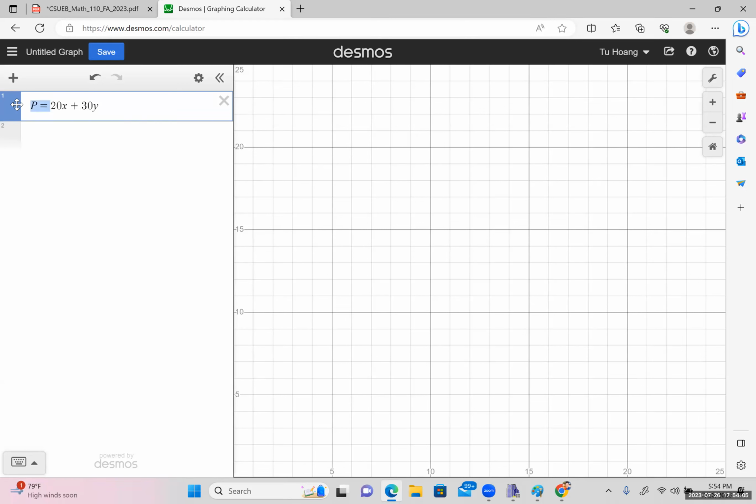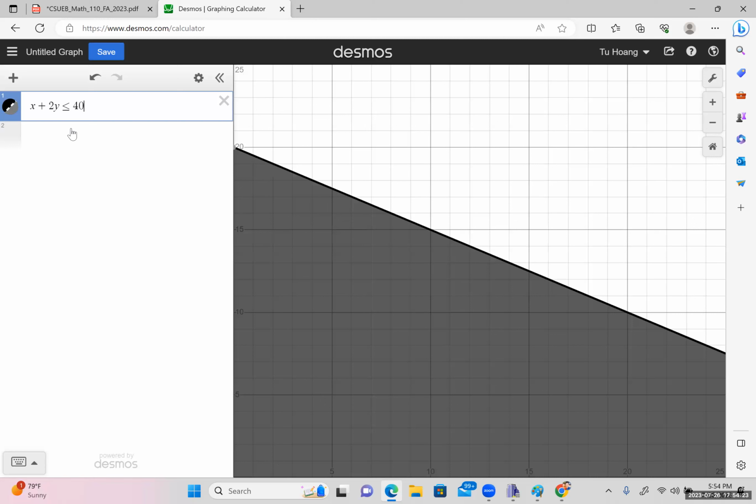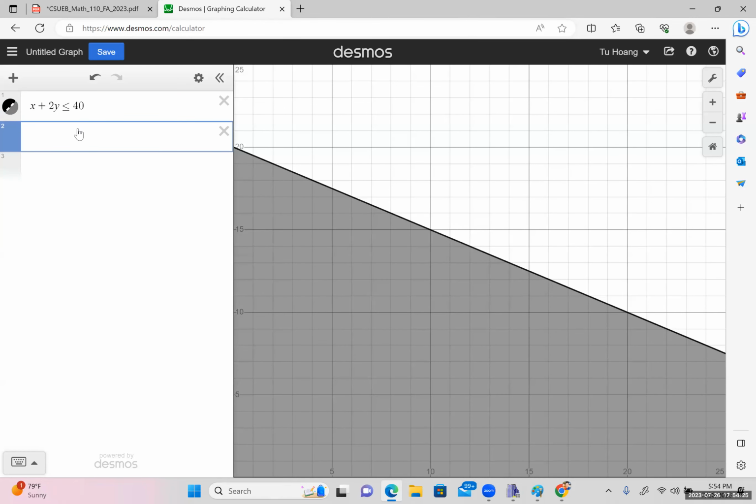We don't need this one, sorry. We just need to put the constraints only. So X plus 2Y less than or equal to 40, right? That's the first one.